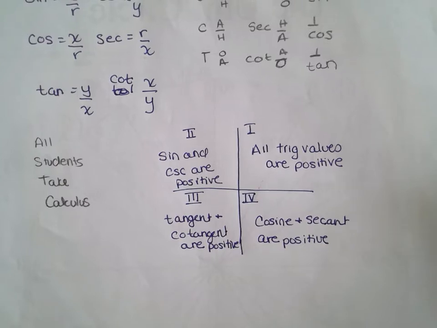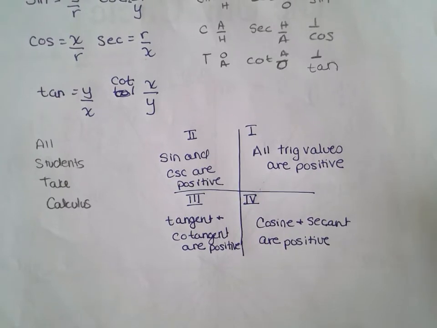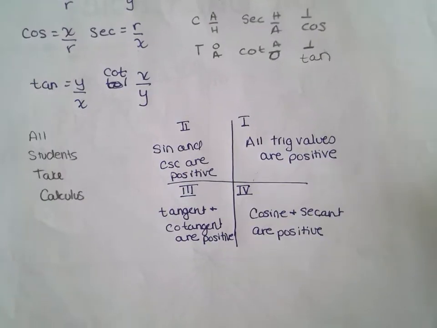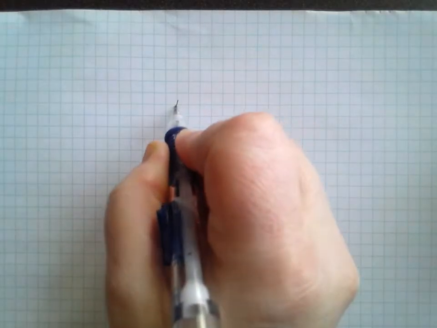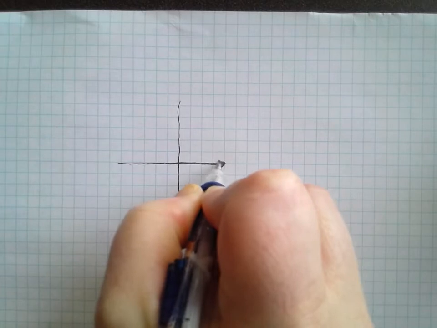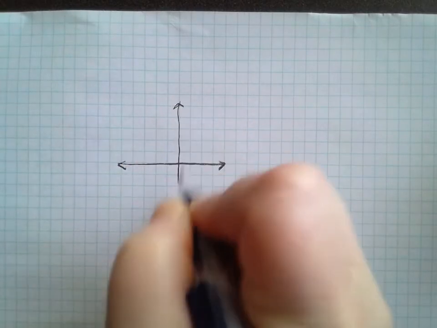The other thing that you guys need to know, and I'm going to write down a lot of notes in here, and I'll scan these in so you guys can print them out, whatever's helpful to you. So when we're looking at an angle, we usually go counterclockwise.